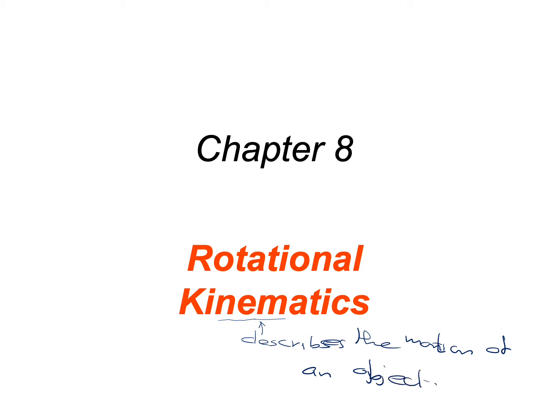So we talk about objects in one dimension, two dimensions. We learn how to calculate the distance, displacement, velocity, acceleration. In this chapter, we are going to talk about rotational kinematics.